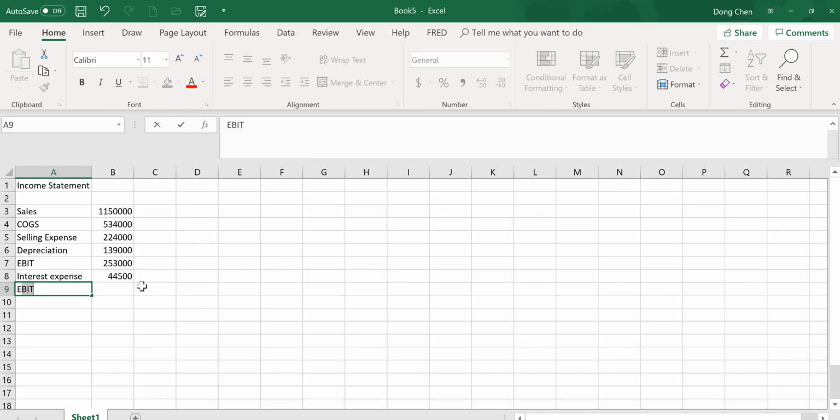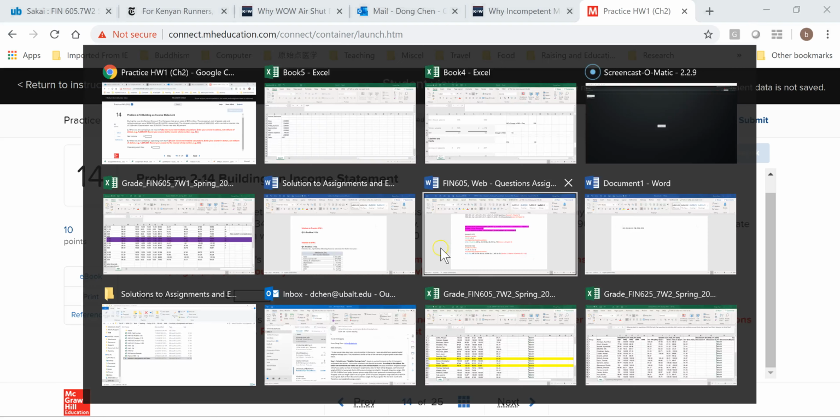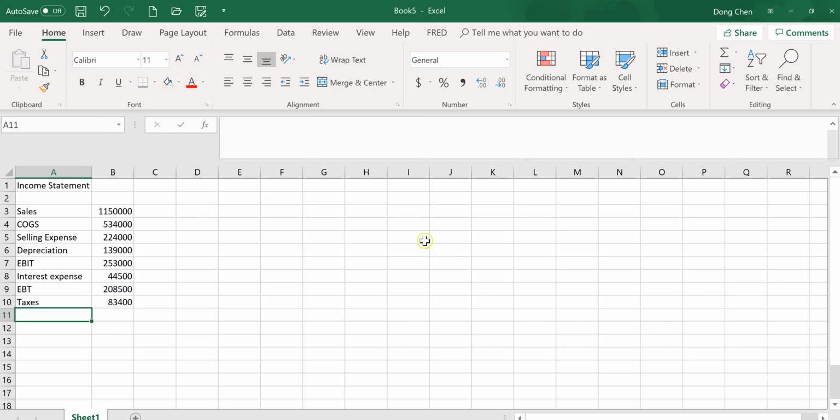And then the difference between the EBIT and interest expense gives us the EBT, earnings before taxes. And given the tax rate, we can calculate the taxes, which is EBT times the tax rate, which is 40% here.